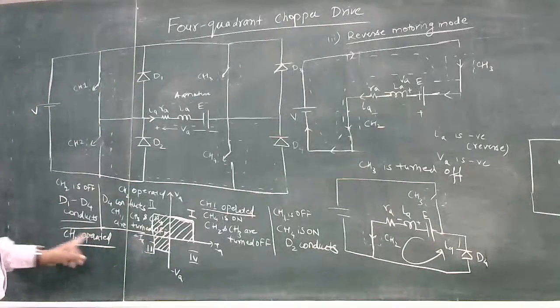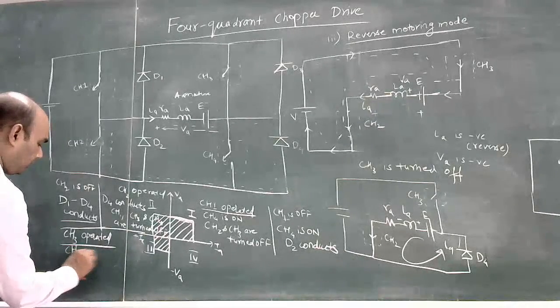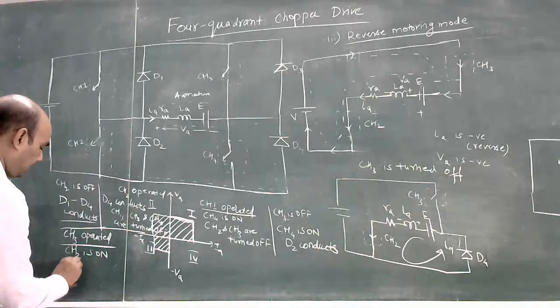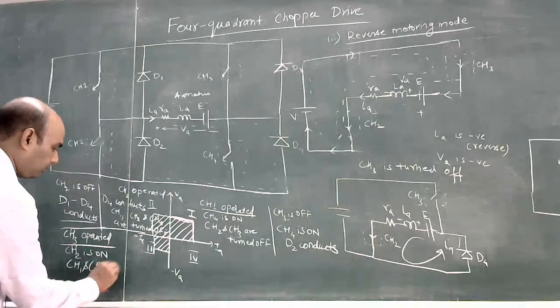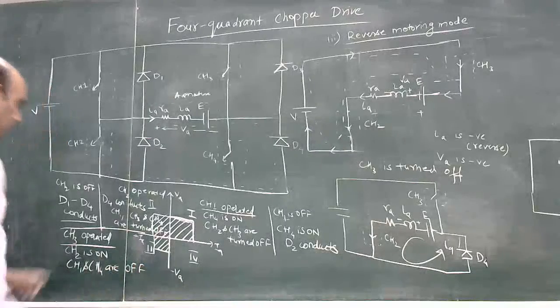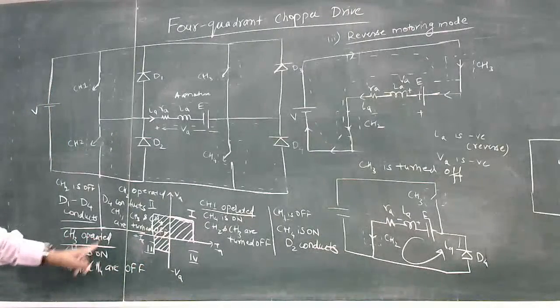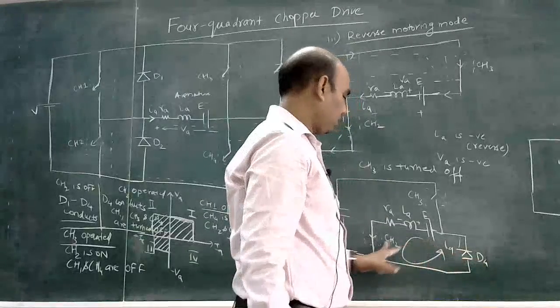So when CH3 is operated, CH2 is on and CH1 and CH4 are off. And when CH3 is off, CH2 and D2 conduct.